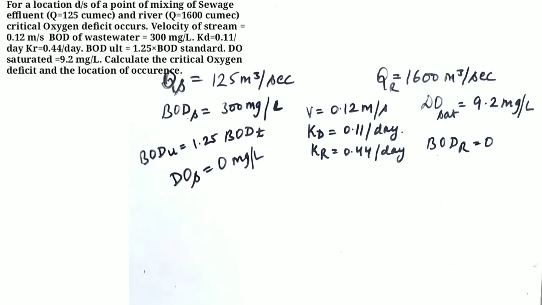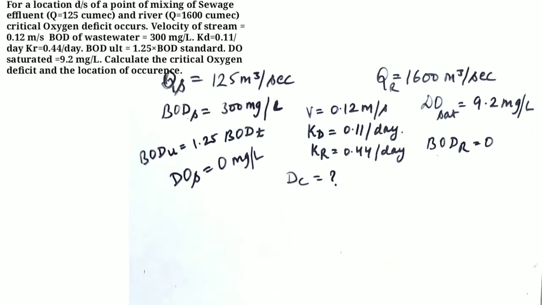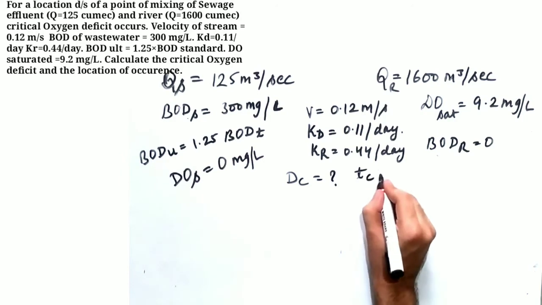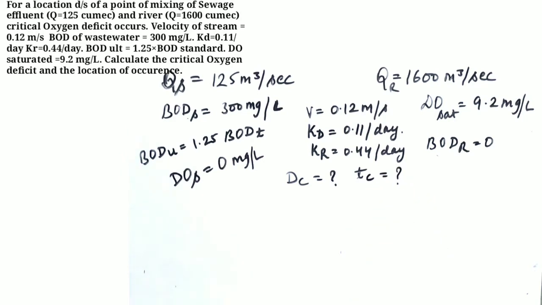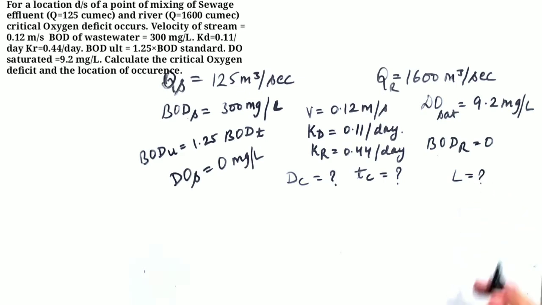Now you have to calculate the DC. The value of DC has to be calculated, and the location of its occurrence, TC, has also to be calculated. So you have all the given data. From the formulas you will require the value of L. What is L? L is the BOD ultimate of the mix.